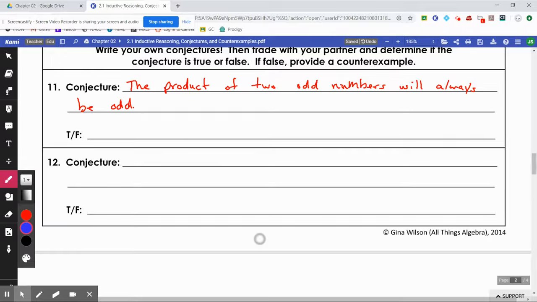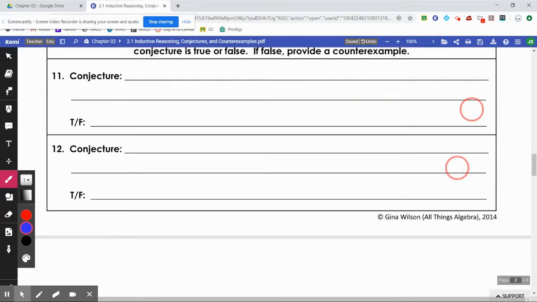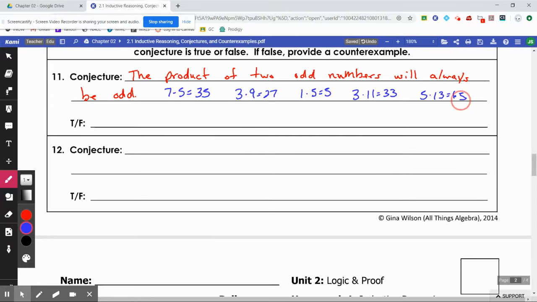Let's look at some examples of this. 7 and 5. 3 and 9. 1 and 5. 3 and 11. The product is always odd. 5 times 13. And you'll find out that that's actually a true conjecture.